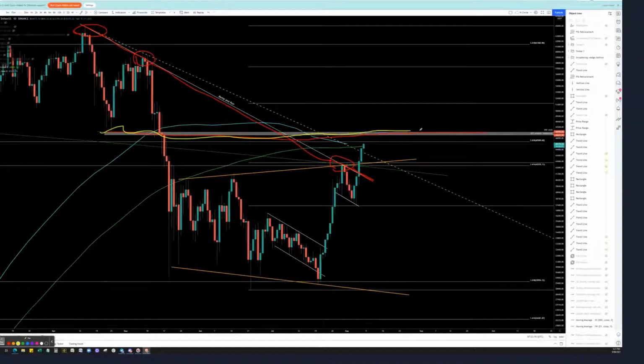This resistance level, we have two factors here. If we look at the weekly, we have a weekly wick and a weekly body of the candle, and currently that's where the price is marked, along with this fib level here.